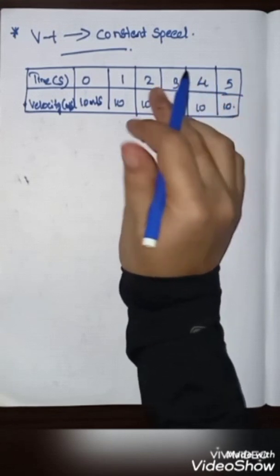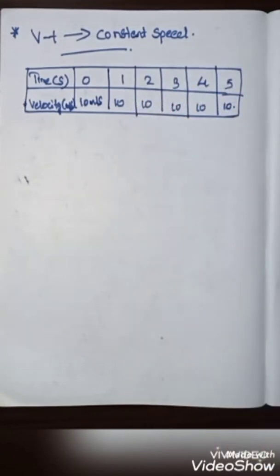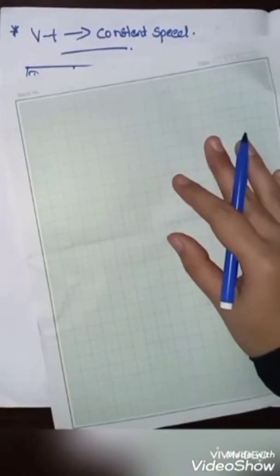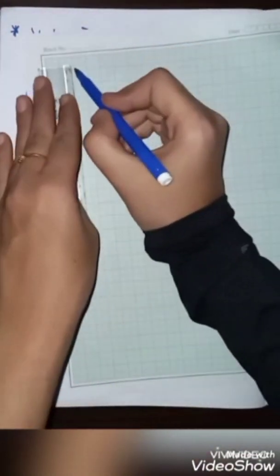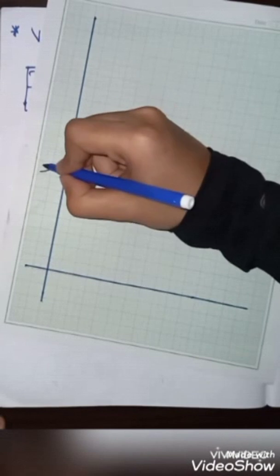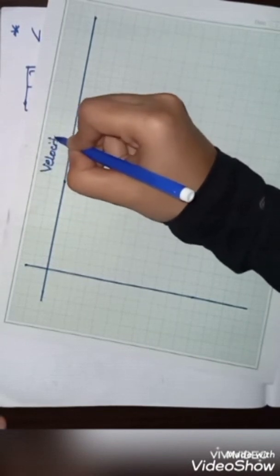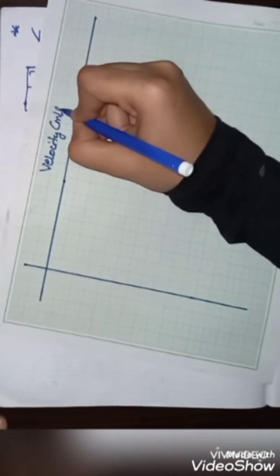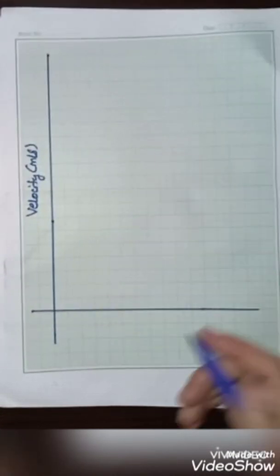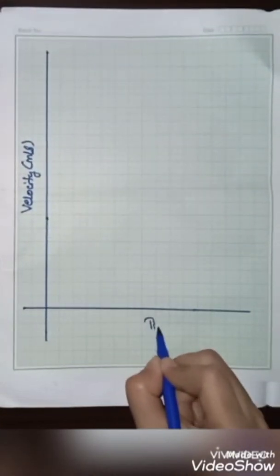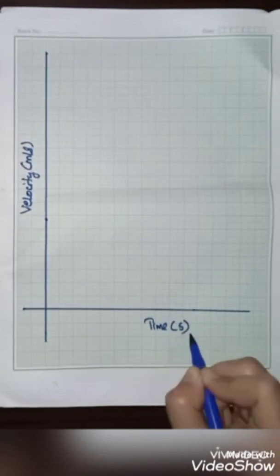Then how can we draw this graph? First we draw the two axes. Here we take the velocity in meter per second, and here we take the time in seconds.